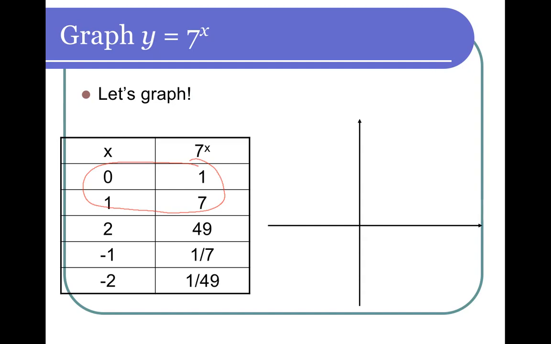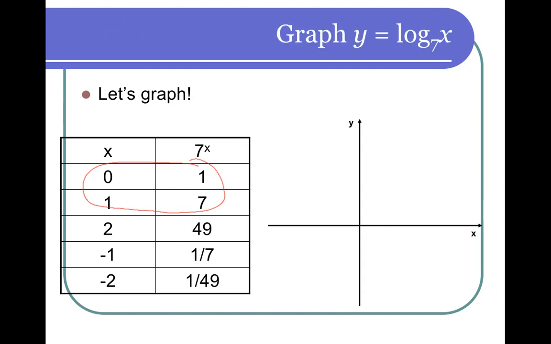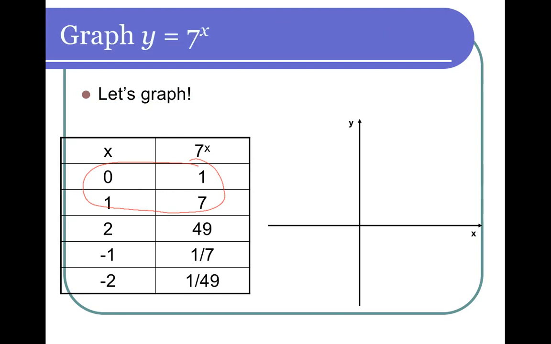So I'll plot a point at 0, 1, and 1, 2, 3, 4, 5, 6, 7. Oh, I wanted it to be nice, but that's okay. So then I have my asymptote at y equals 0, right?